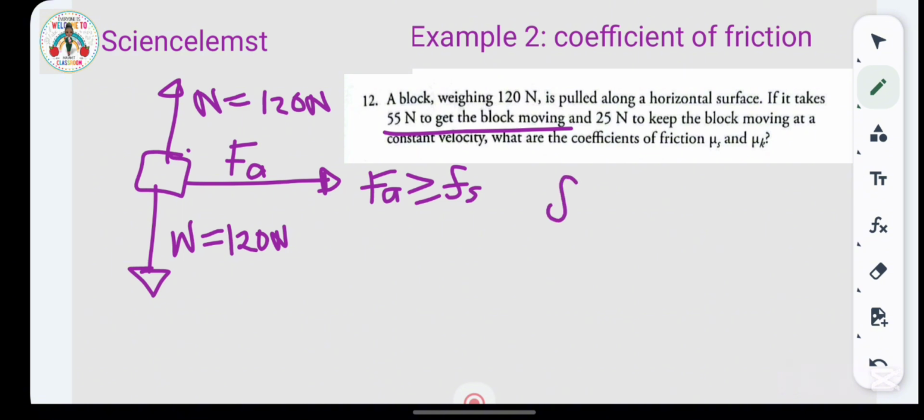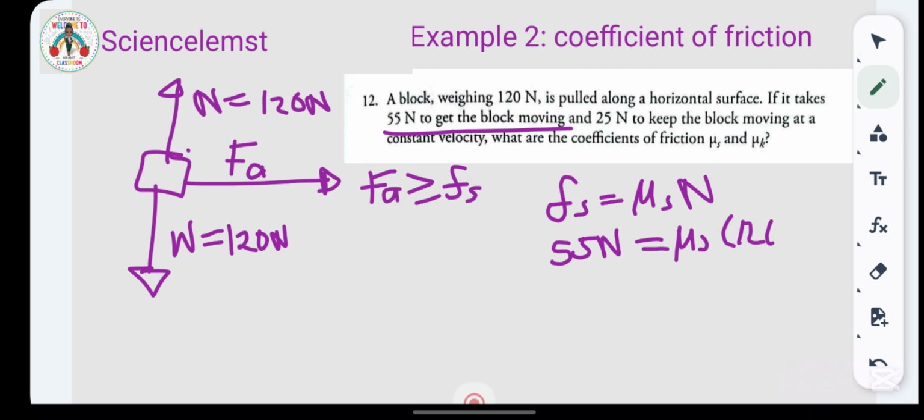So now F equals μs multiplied by normal force. Let's correct that. Multiplied by normal force. That means Fs is 55 Newton, which equals μs multiplied by 120 Newton.